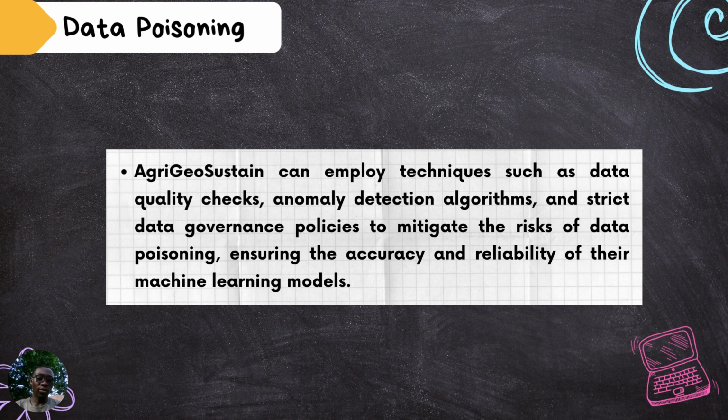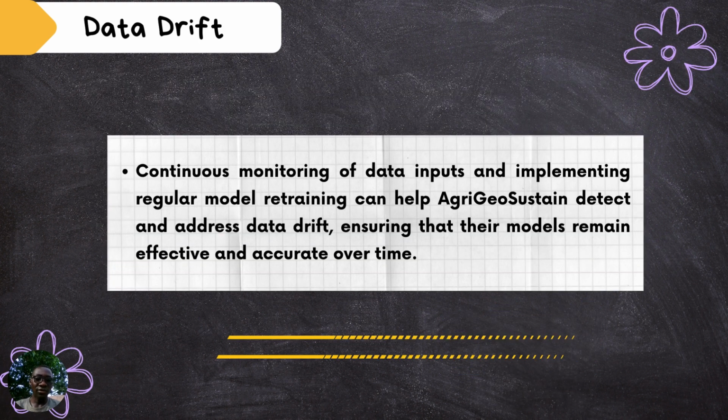Data drift is addressed by continuous monitoring of the inputs and implementing regular model retraining. This can help the model to detect and address data drifts, ensuring that the models remain effective and accurate over time.